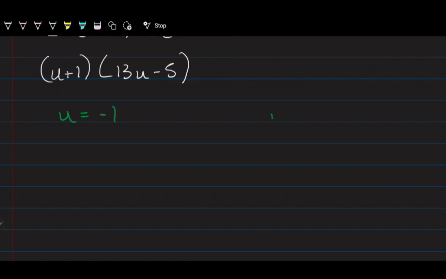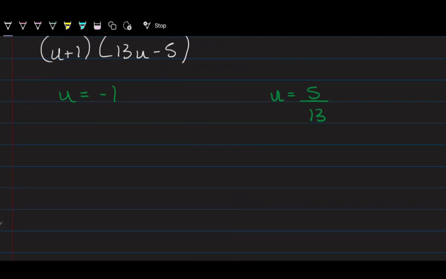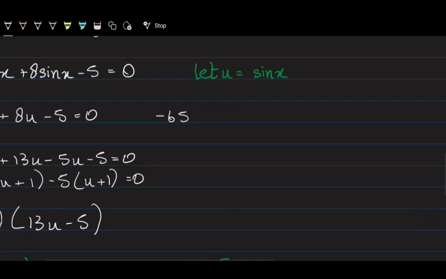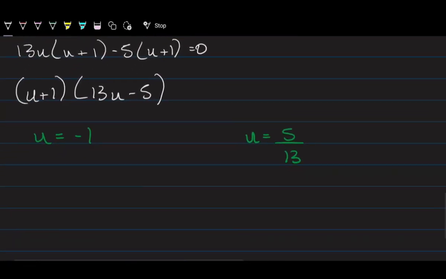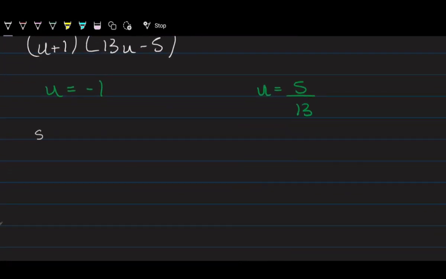The other u is equal to 5 over 13. Okay. So that means when I substitute u back with sine x, where I had written it here, sine x is equal to negative 1 and sine x is equal to 5 over 13. And that is our final answer.